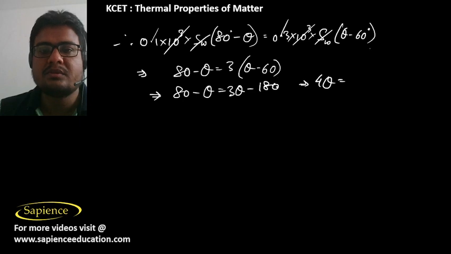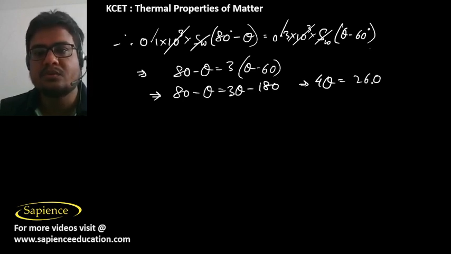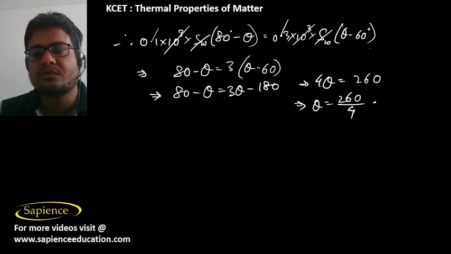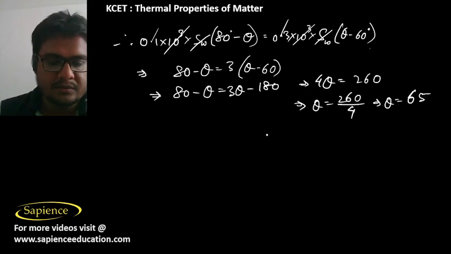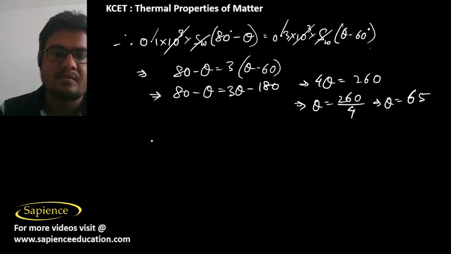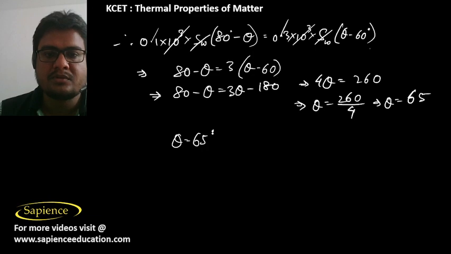So 4 theta equals 180 plus 80, that is 260. So theta equals 260 by 4, that is 65 degrees Celsius.